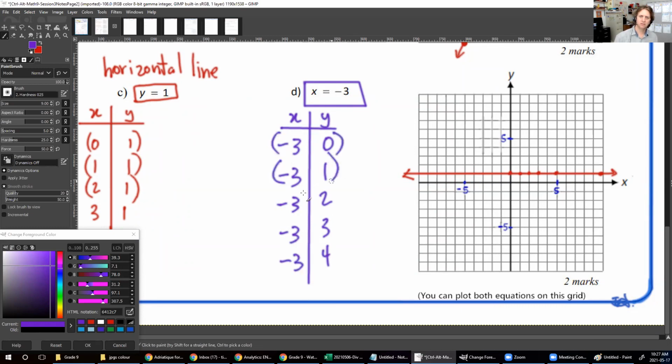So if we plot those, x is -3, comma 0, -3, comma 1, -3, comma 2, and 3, and 4, and 5, and 10, and -10. If you plot those, this is going to be a vertical line.